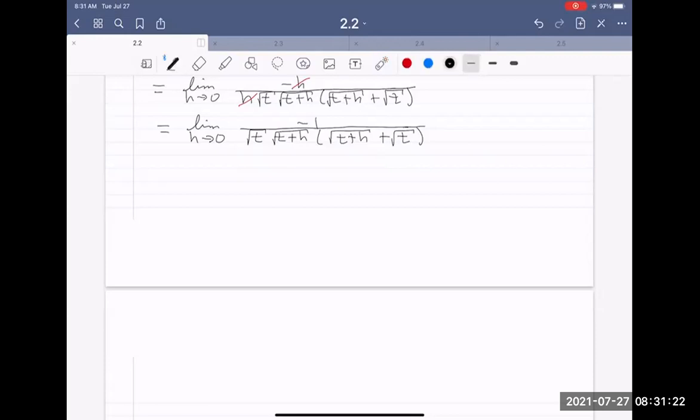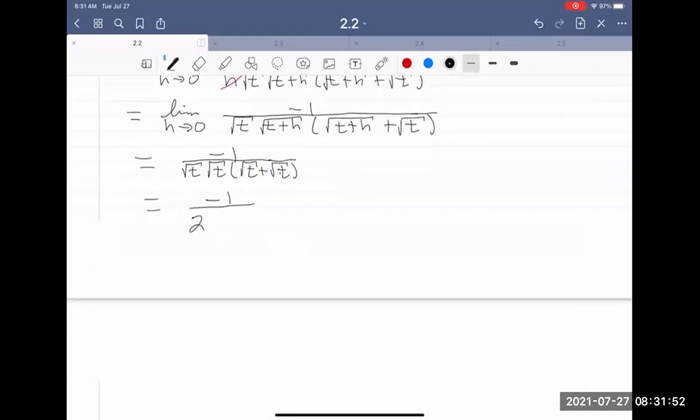So I get negative 1 over radical t, radical t, radical t, plus radical t. So there are two of these radical t's, and there's going to be 3 radicals. So this is t to the 3/2, which sometimes we write, well, maybe I'll leave it like that. And so that's your answer. That's the derivative.